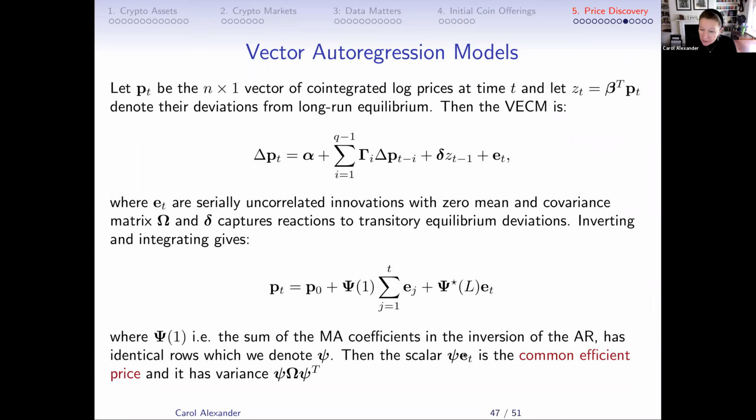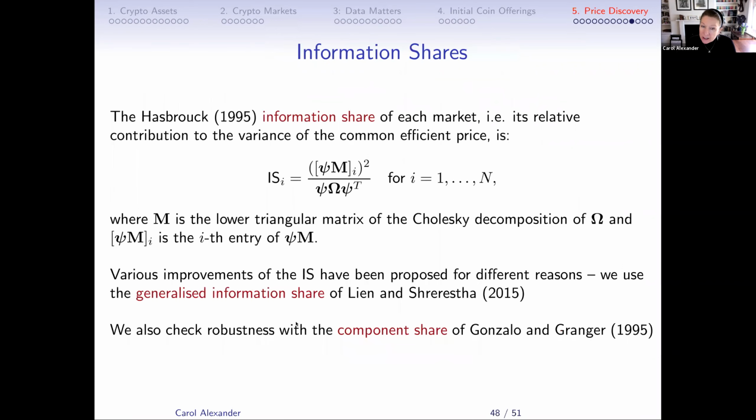And when we take the variance of this, because this e_t has covariance omega, this is the total variance of the common efficient price. And the information share looks at the share coming from your particular thing, like Coinbase or whatever your product or exchange is that you're looking at, as a proportion of the total variance.